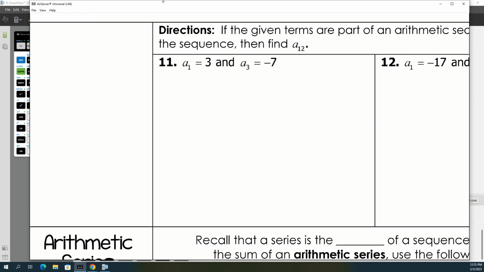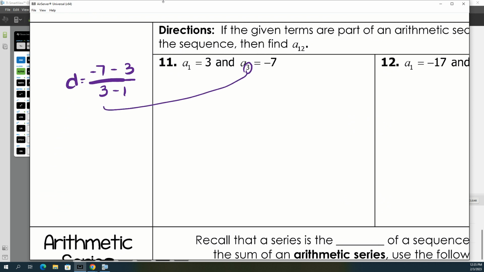So to find D, we're still going to subtract these, but we're going to do the third term minus the first term. But since they're not consecutive, that's not going to be D. So on the bottom, we subtract the term number minus the term number.